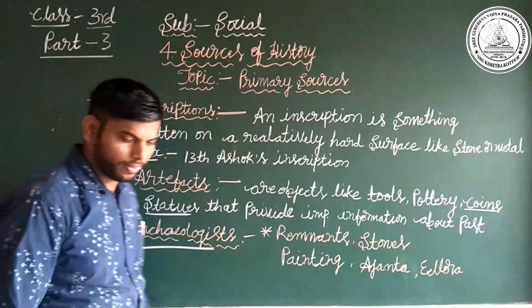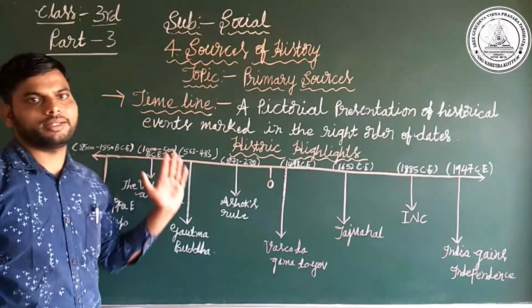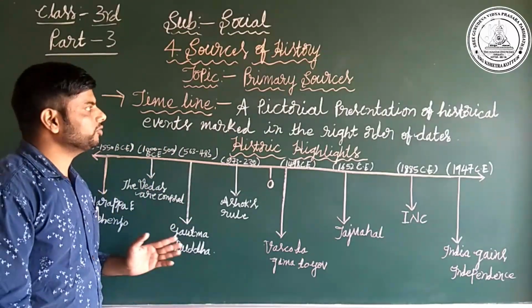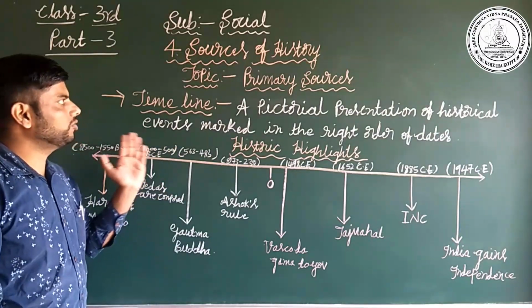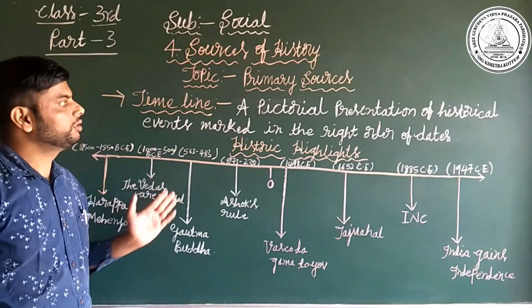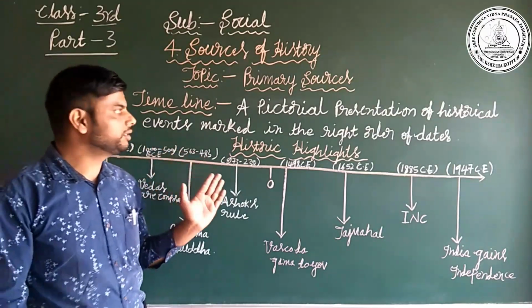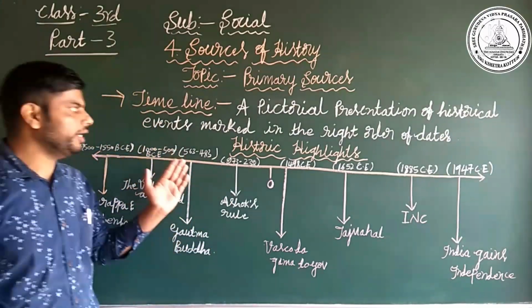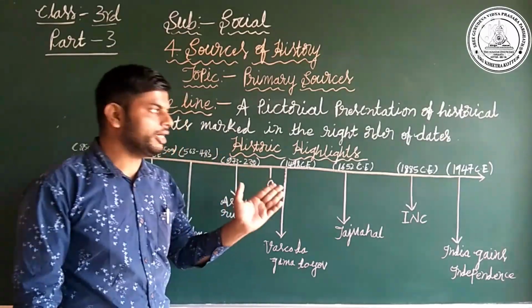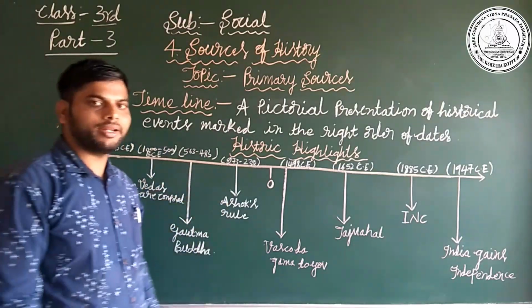Dear students, the timeline is also one of the very important primary sources. A timeline means a pictorial presentation of historical events marked in the right order of the dates. That is what we call a timeline.